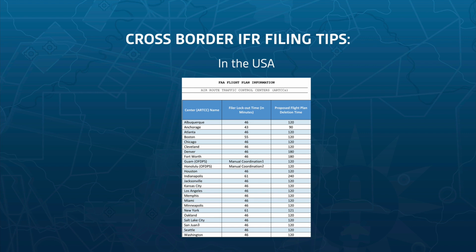These are the filer lockout windows for different centers and ARTCCs in the US. Just like in Canada, there's just a lot more of them, and their flight filer lockout windows do differ.